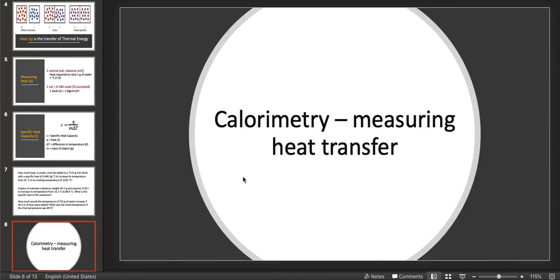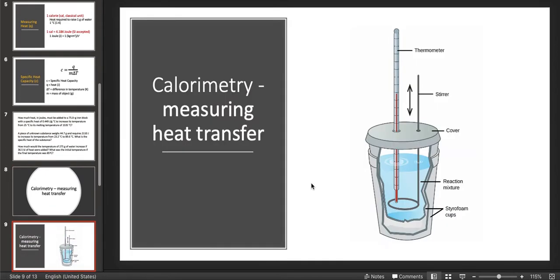Now, how do we measure the heat transfer? We measure it through a method called calorimetry. Calorimetry measures the heat transfer from one object that is hotter to another. I know the amount of heat that's required to change the temperature of the calorimeter itself.